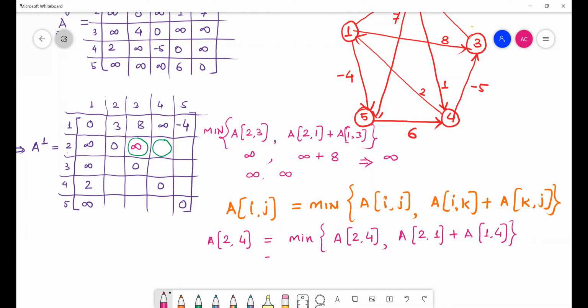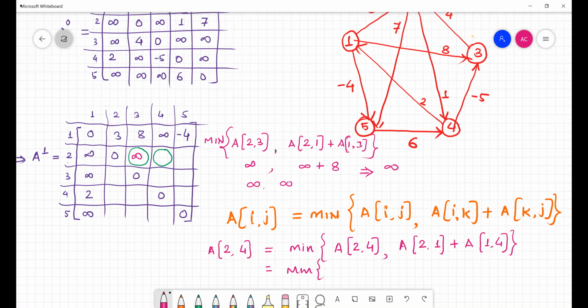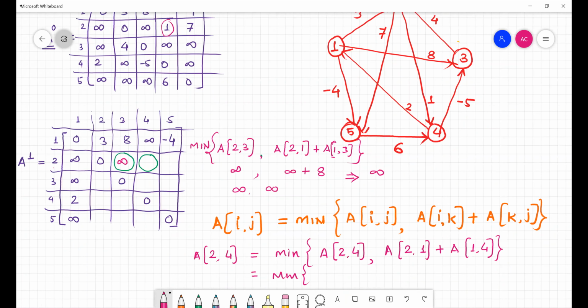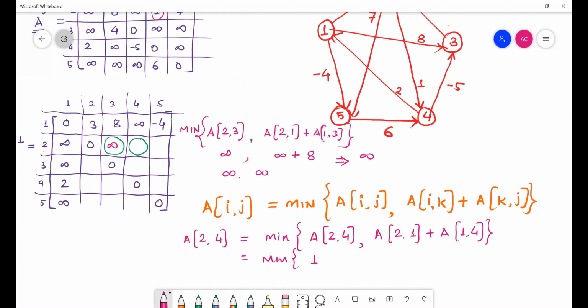Now what is the cost? 2 to 4 is how much? 1. You can see this matrix. It's there in the matrix A0 also. Do you see it? Yes. This value 2 to 4 is 1, yes, sir. So 2 to 4 is 1, comma A of 2 to 1 is how much?